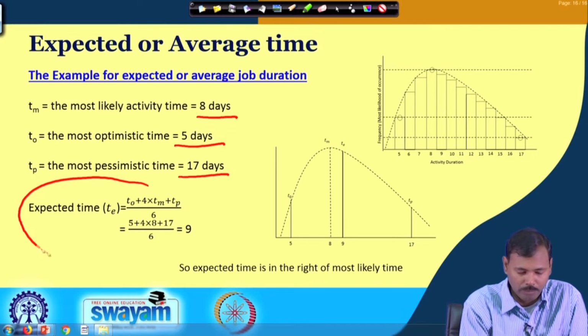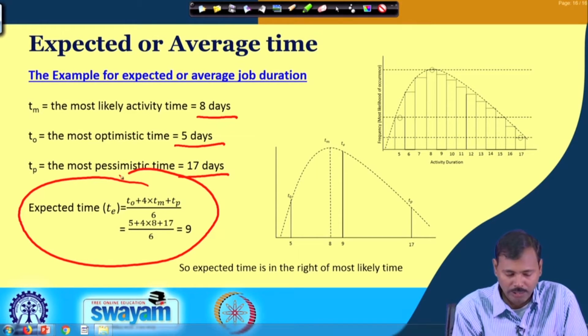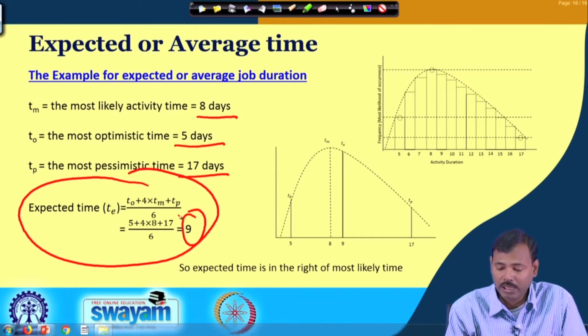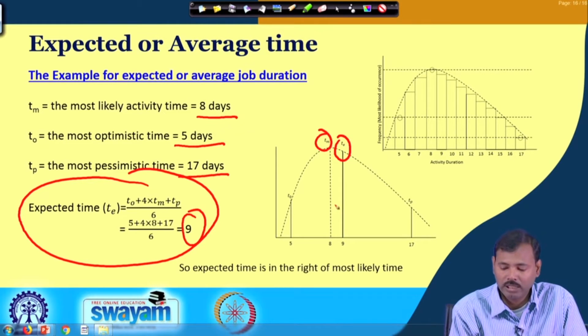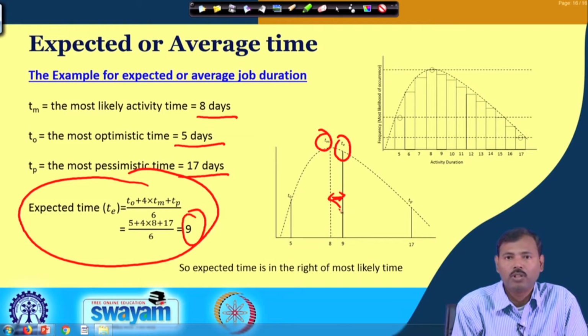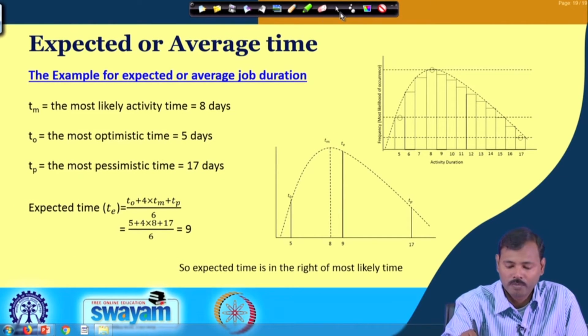So, the expected time or mean time is coming to 9 days, which is the average, but if you look into this, the mode which we are expecting is 8 days, but the mean is coming at 9 days. So, there is a little bit of difference between the most likely and the mean value or the expected value of the duration of the job.